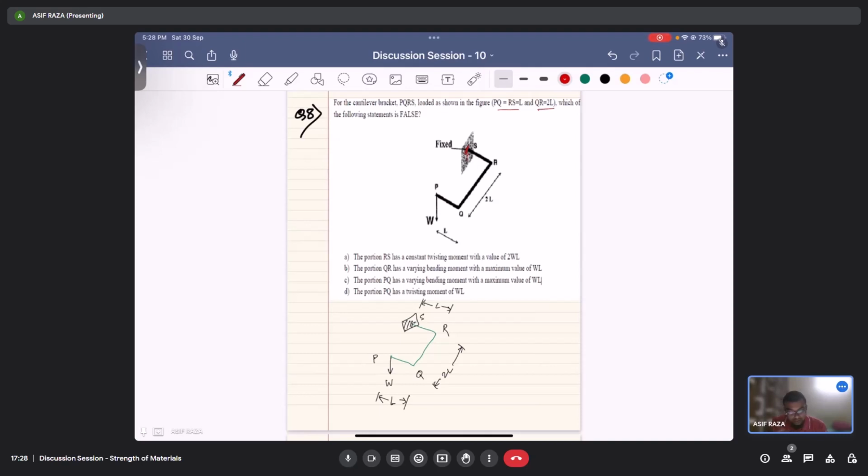In the PQ arm, due to this W, there would be a bending moment in this arm, and this would be a varying bending moment with the value at P equal to 0.